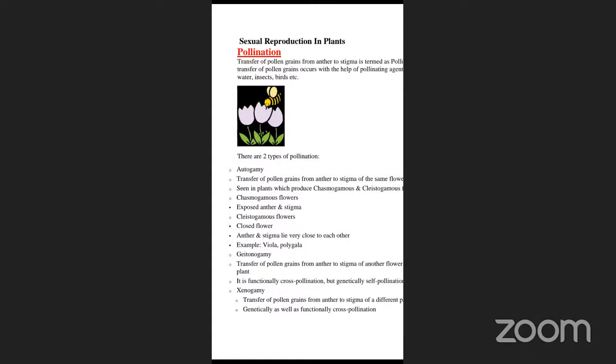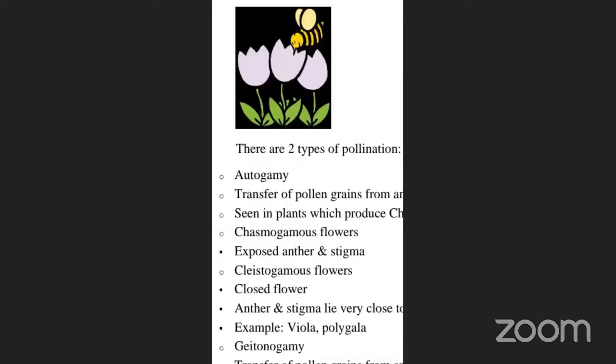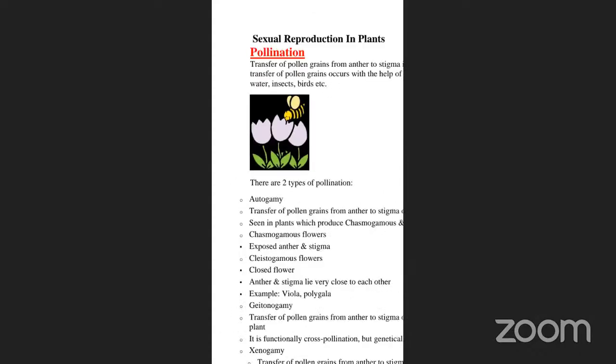Autogamy. This type of pollination is possible only in bisexual flowers, that means male and female organs are located in the same flower.